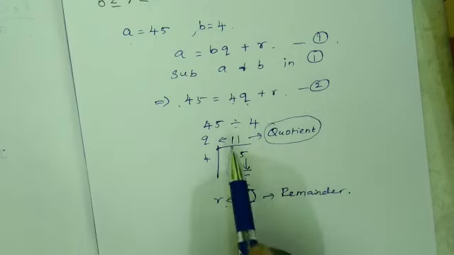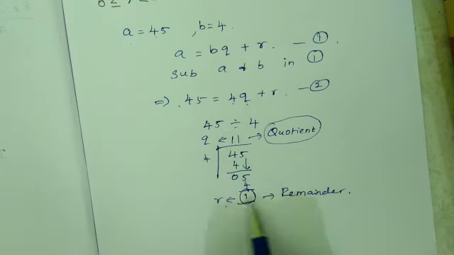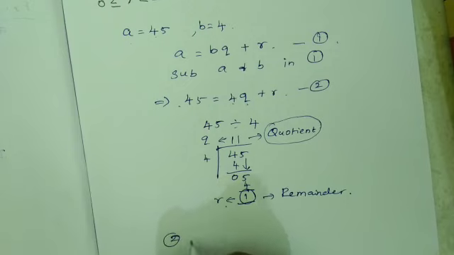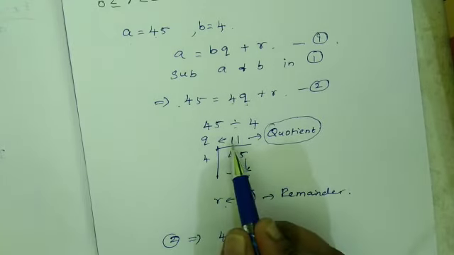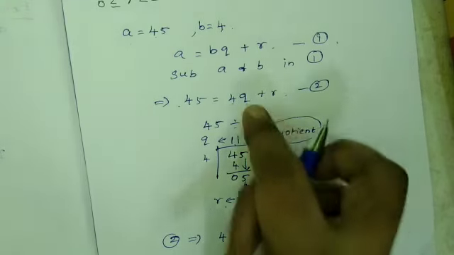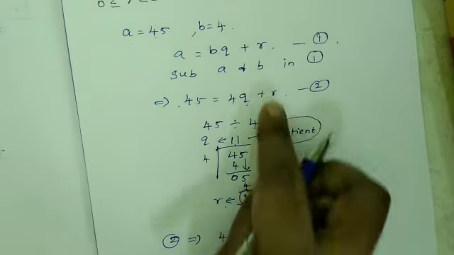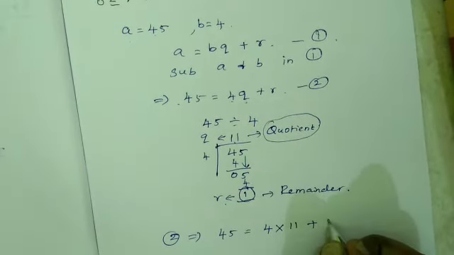We substitute q as 11 and r as 1, so equation 2 gives 45 equal to 4 into 11 plus 1.